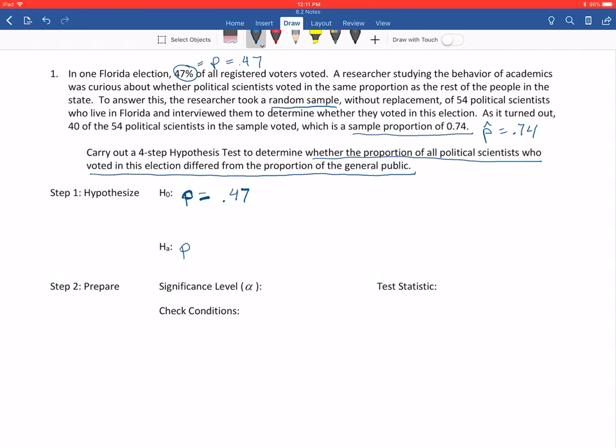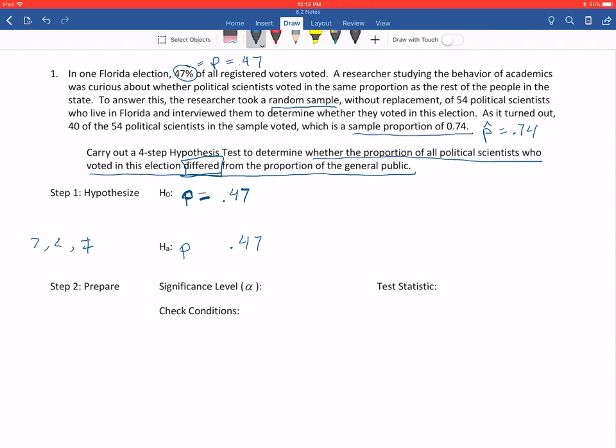And then our alternative is still about P, and it still has the same proportion over here, and we just have to decide which symbol to use. Are we going to use greater than, less than, or not equal to? This is always determined from the wording in your question. When I read this last underlined portion again, we're determining whether the proportion of all political scientists who voted in this election differed from the proportion of the general public.